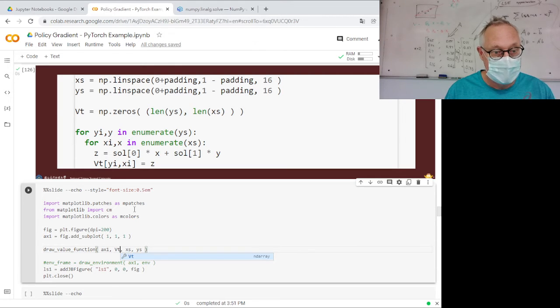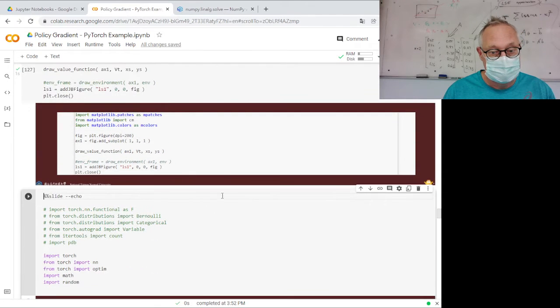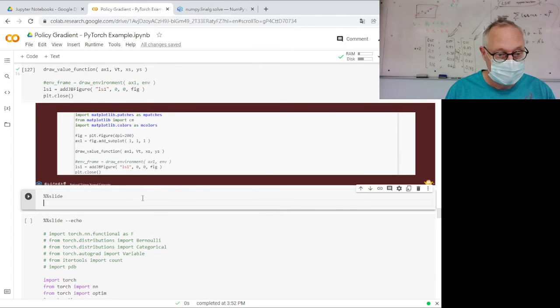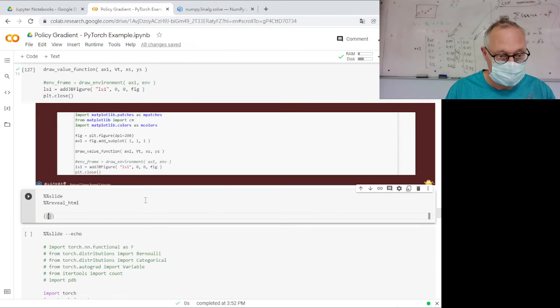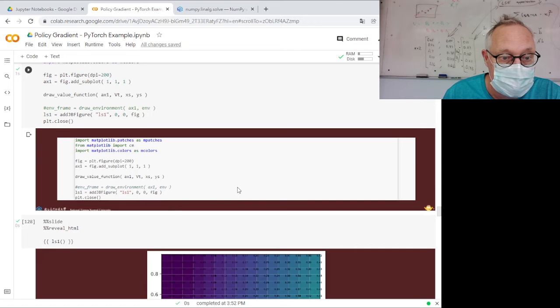Here's our approximation now, and let me see, drawing the function.